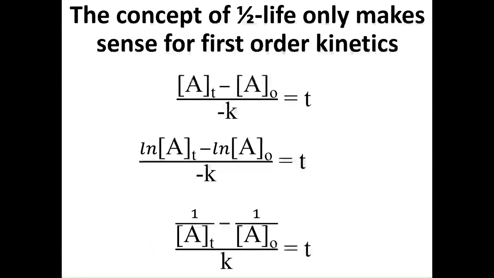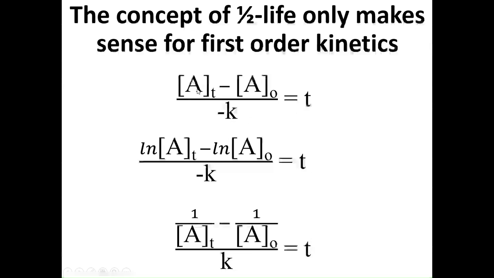So I want to point out that for 0th order, if I started with a concentration of 2 molar and ended up with a concentration of 1 molar, I'd have negative 1 on the top, divided by some constant, and that would give me my half-life.